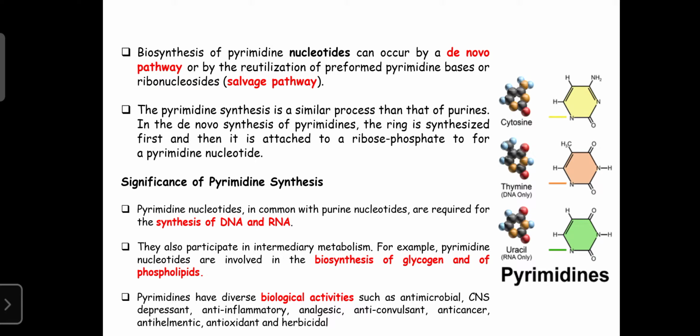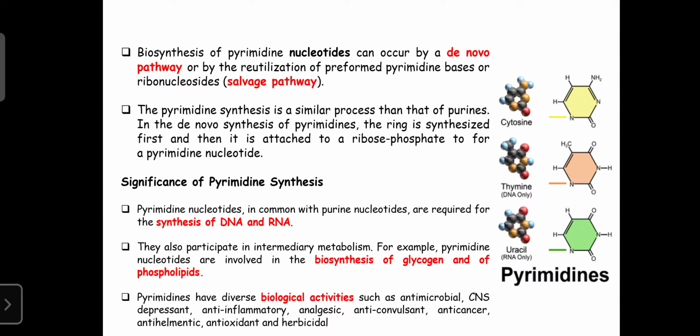Biosynthesis of pyrimidine nucleotides can occur by a de novo pathway as well as the salvage pathway. Like the purines, the pyrimidines are also synthesized by two pathways: one is the de novo pathway, as well as the salvage pathway.